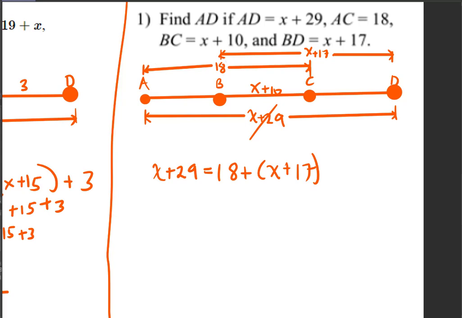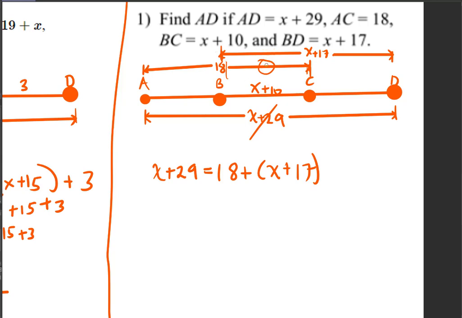The 18 was all the way from here to here, and so it included this segment right here, right? And the x plus 17 was from here to here, so it also included this segment here. In other words, segment BC has been included 2 times, okay?